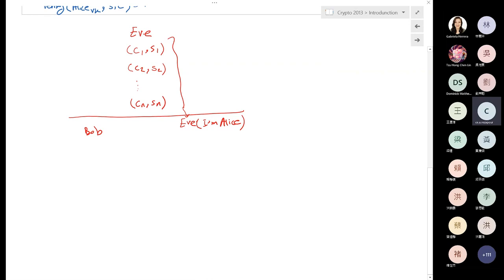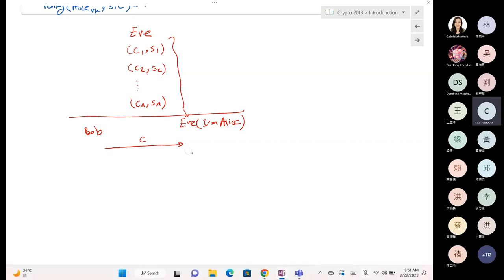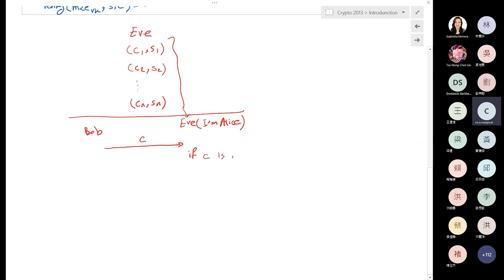And Bob comes down here and says, okay, if you are really Alice, sign this message C for me. But we know that this is Eve, this is not Alice. And what Eve would do here, he would check if he has seen this interaction and recorded it before.